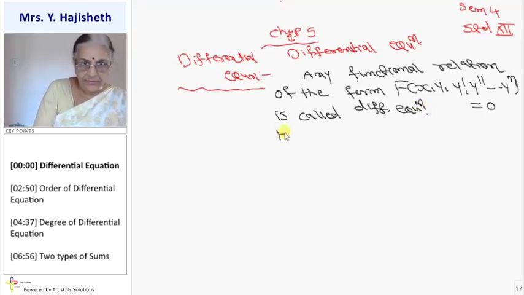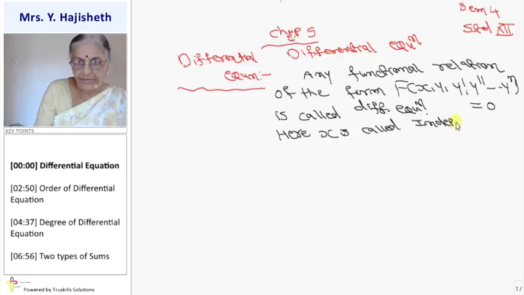Here it is made up of x, y and differential coefficients. So x is called the independent variable, and y is called the dependent variable.